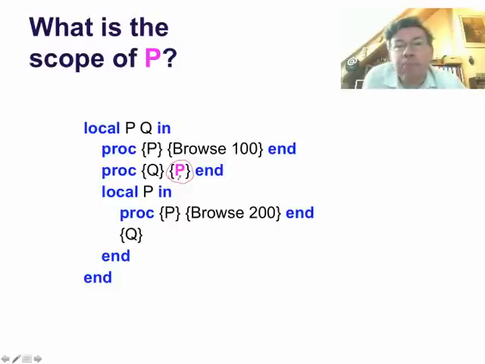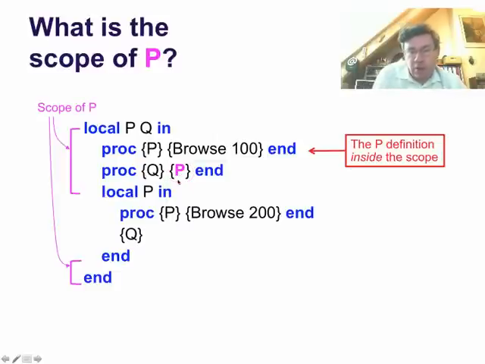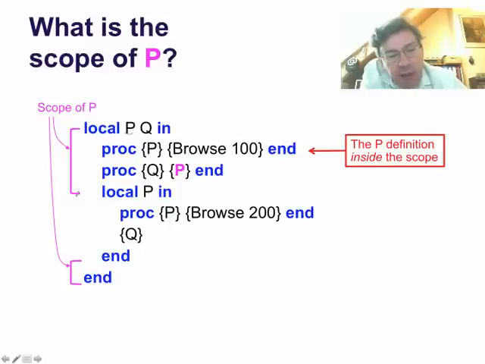So what is the scope? Well, here it is. The scope starts here from the local P. It then stops when we introduce another definition for P, and it starts again at the end of the inner local. So it's these two pieces here, this piece and this piece.